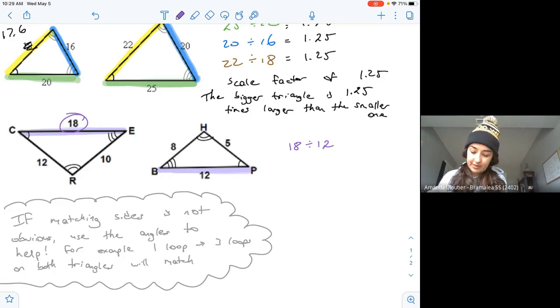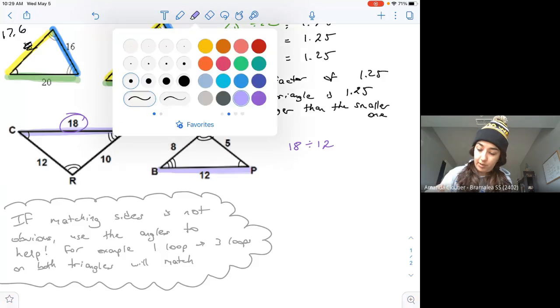Awesome. Can somebody else suggest matching side lengths for me? Which ones match?